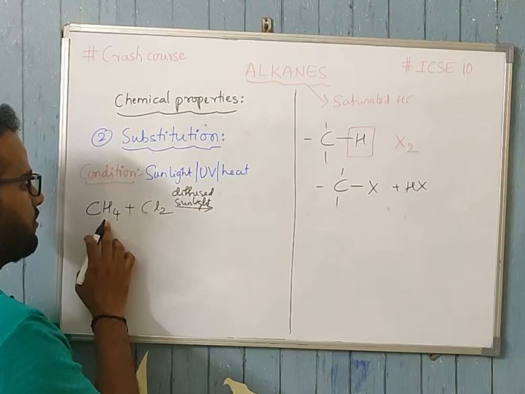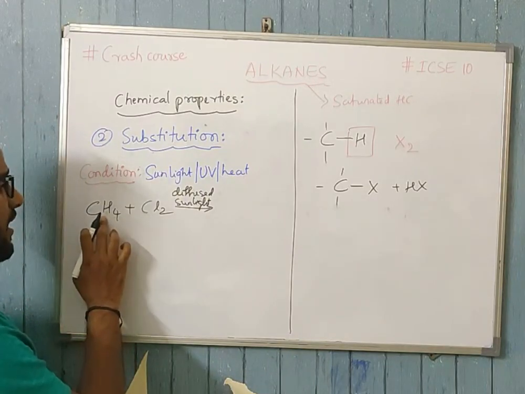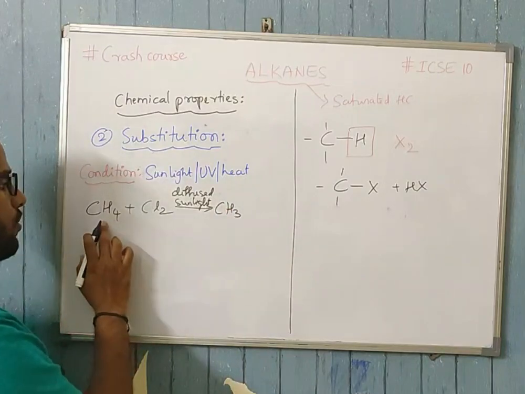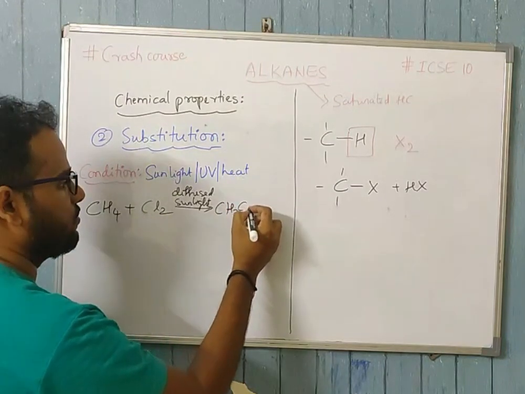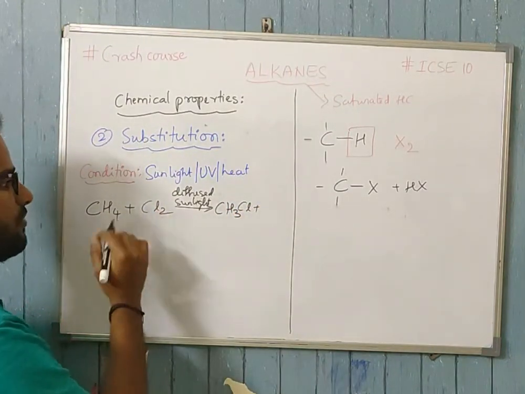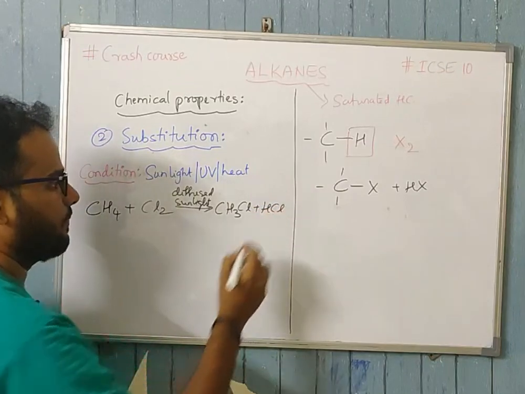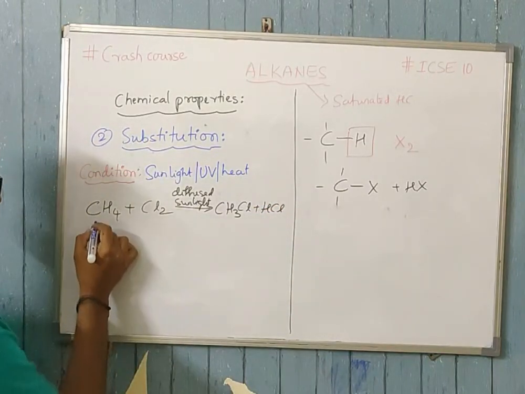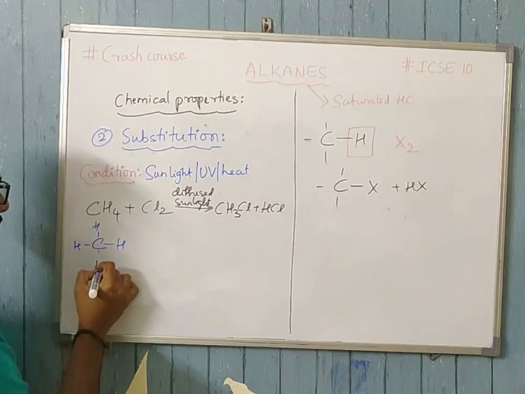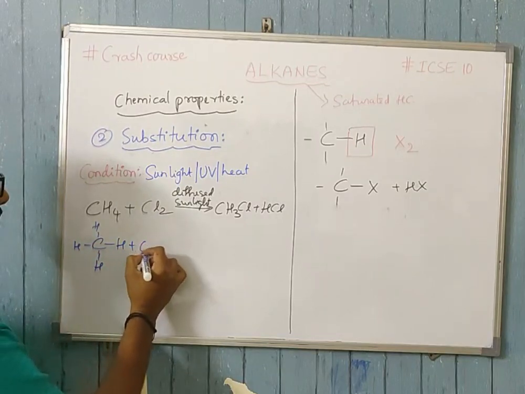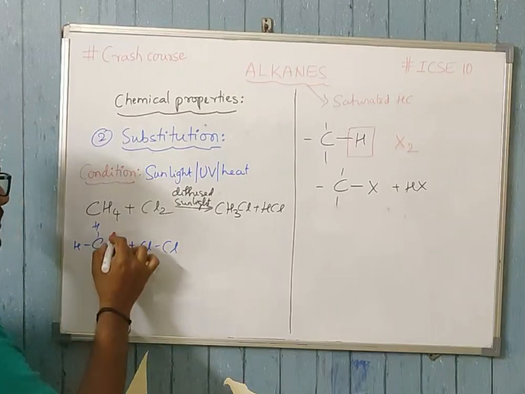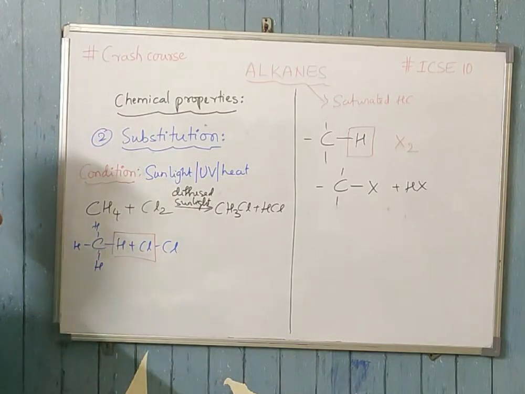So what happens here, one of the H is replaced by Cl, so you write CH3Cl. That H combines with another Cl, so you get HCl. Just to show you how it looks, CH4 with H, H, H and H, plus Cl and Cl. You remove this H and this Cl.